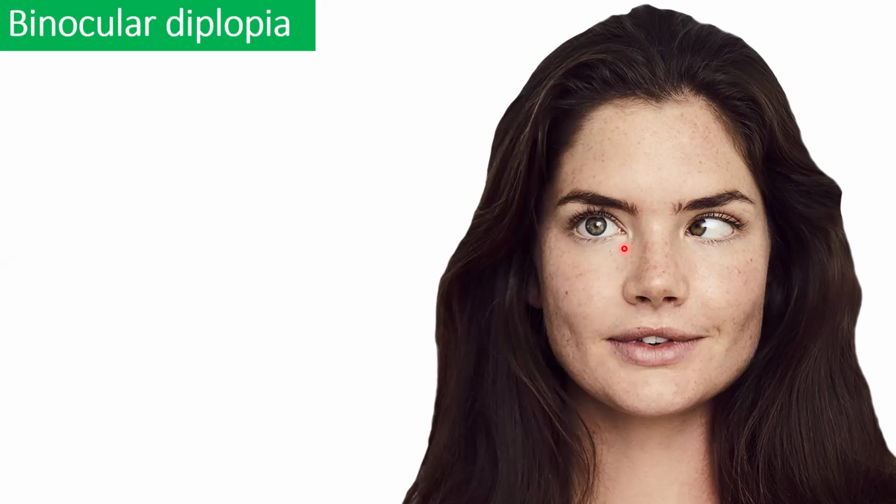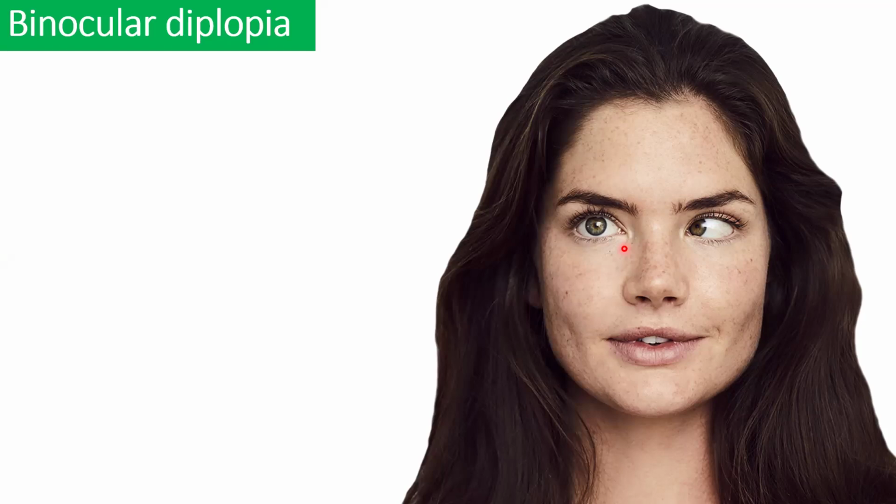Another thing is neurological conditions like multiple sclerosis. In my previous videos on papilloedema or optic neuritis, I discussed multiple sclerosis, a demyelinating condition affecting the optic nerve. So because of the demyelination, if the optic nerve is involved, then the patient might give a complaint of diplopia.